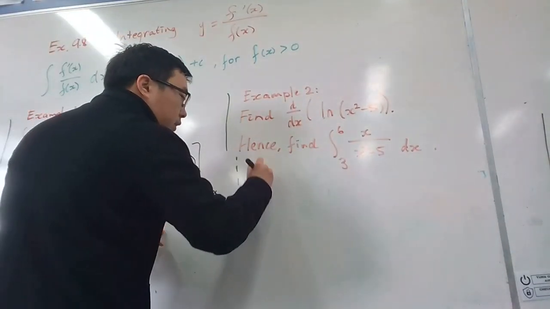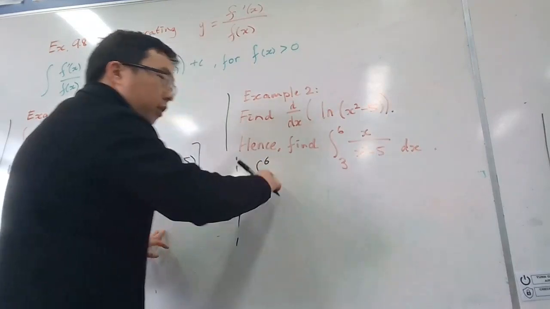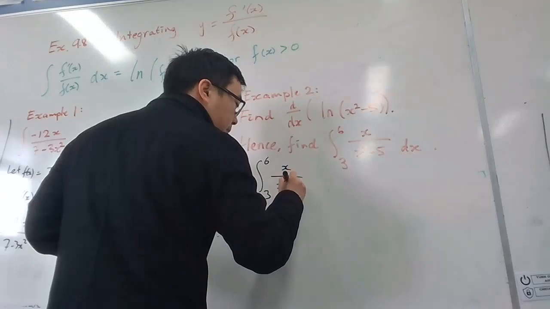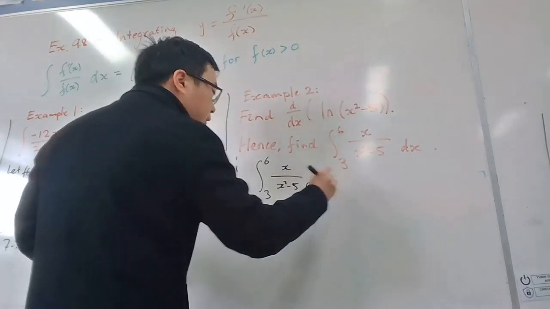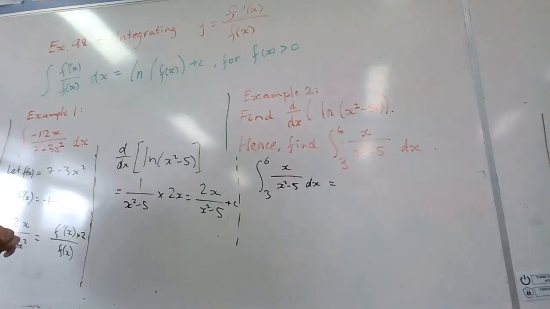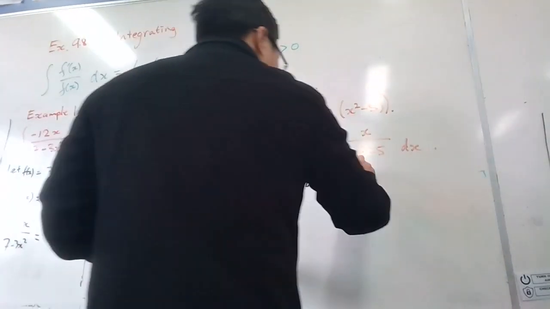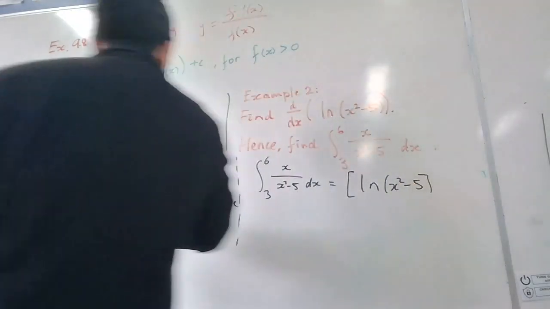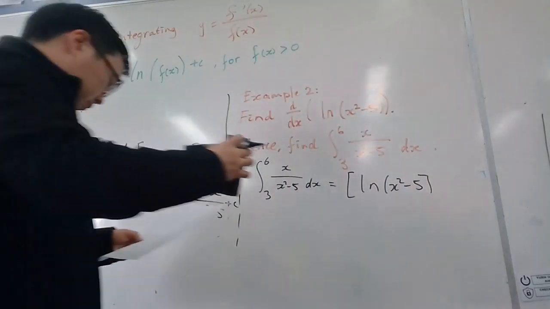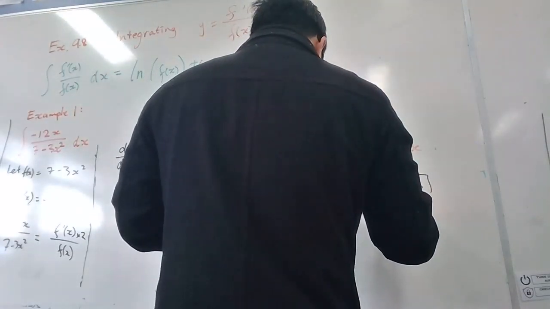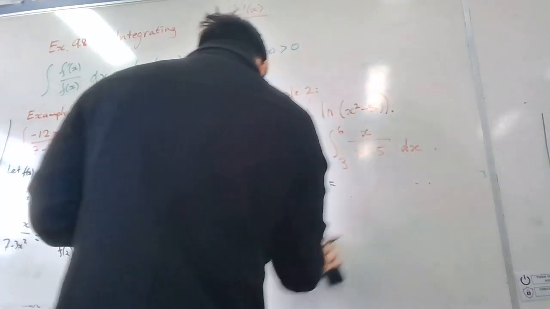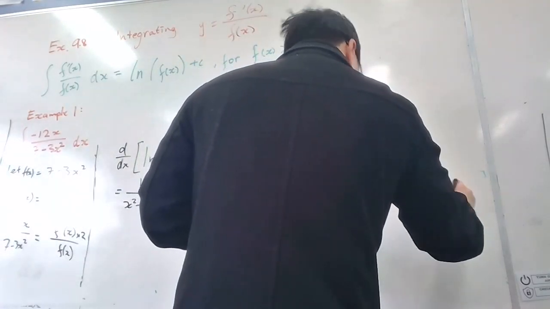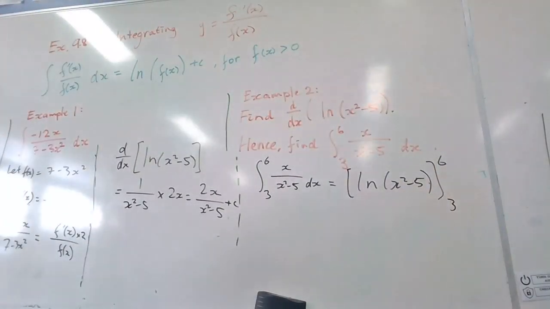So I'm going to go antiderivative from 3 to 6, and because I'm putting in the numbers, no more plus c's, of x over x squared minus 5 dx equals 2, right? Equals 2. From 3 to 6.